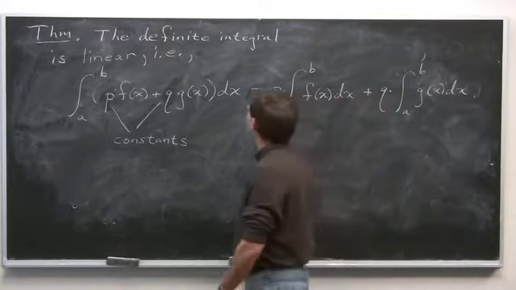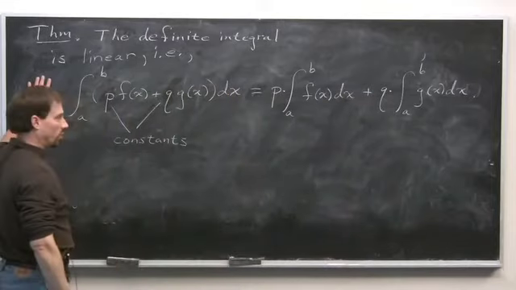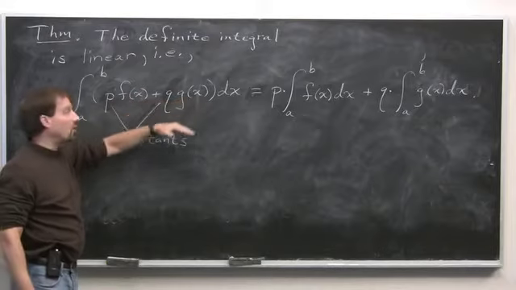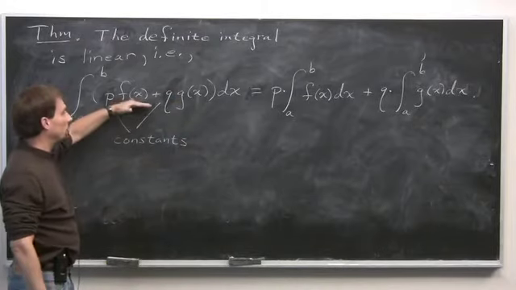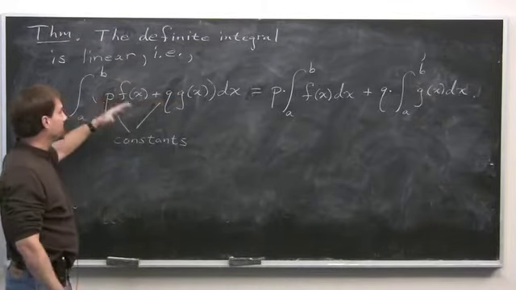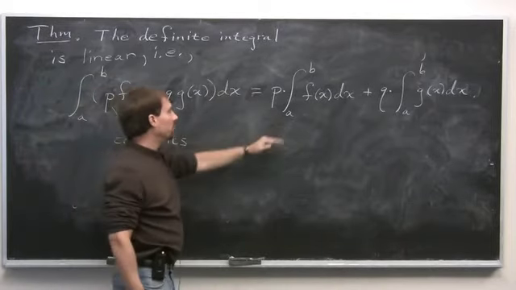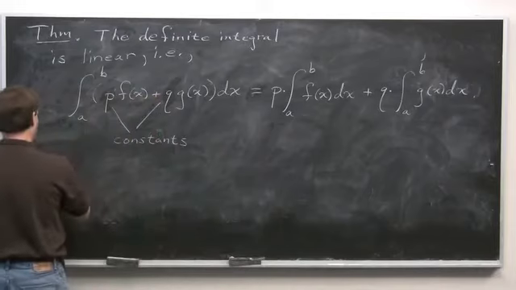I've left out some important words. Suppose f of x and g of x are integrable on AB, then so is this function, and its integral in terms of the other two is given by this. So I should put those in.